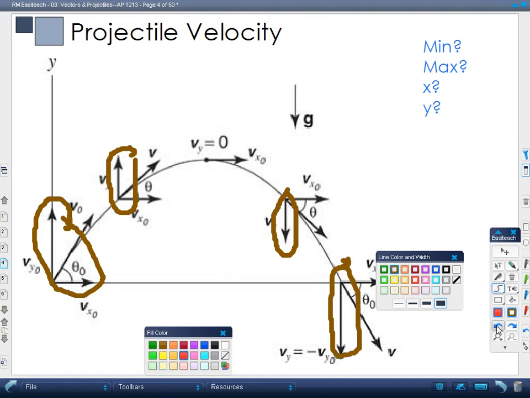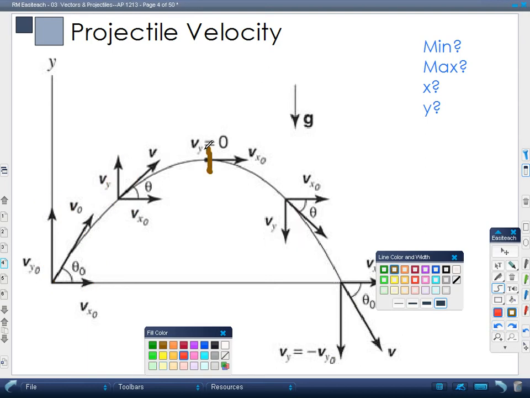These are the vertical velocities of a vertical motion map, and this one represents the peak where it stops vertically. But here's where the first of the misconceptions comes in. A projectile never stops, unless it's thrown straight up, and then it's not projected horizontally at all. There's got to be some horizontal projection for it to be a true projectile.